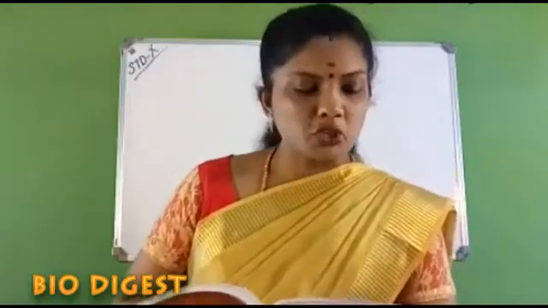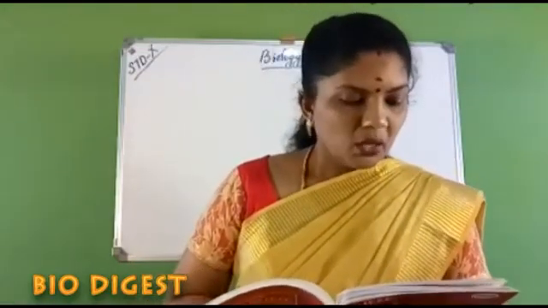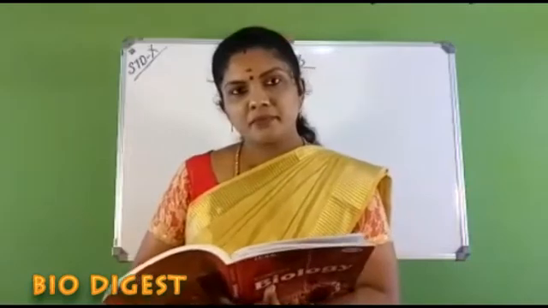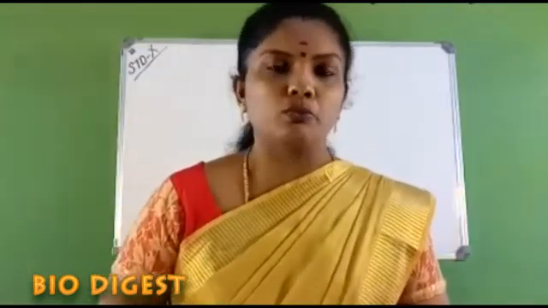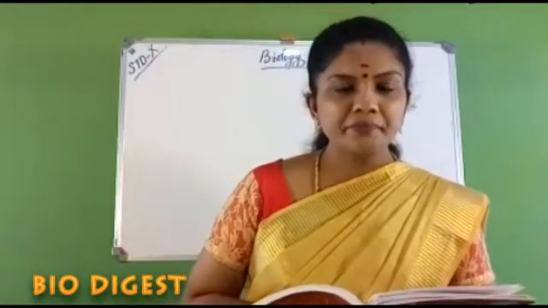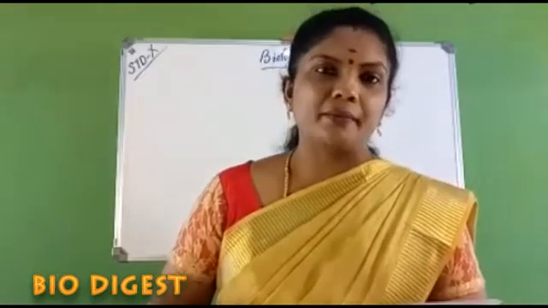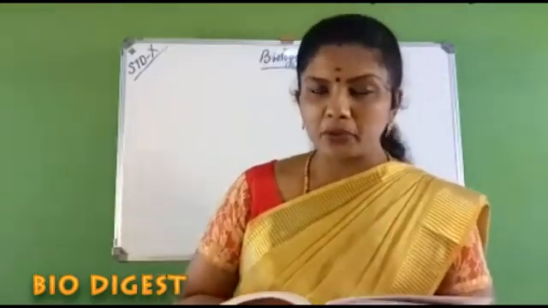Now question number 2 of the year 2014. Why was the plant placed in the dark before beginning the experiment? So what is the purpose of keeping the plant in the dark room? The answer is for destarching of leaves. Don't forget to write that.